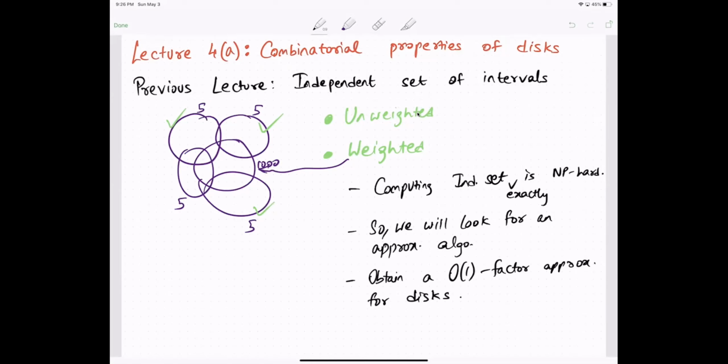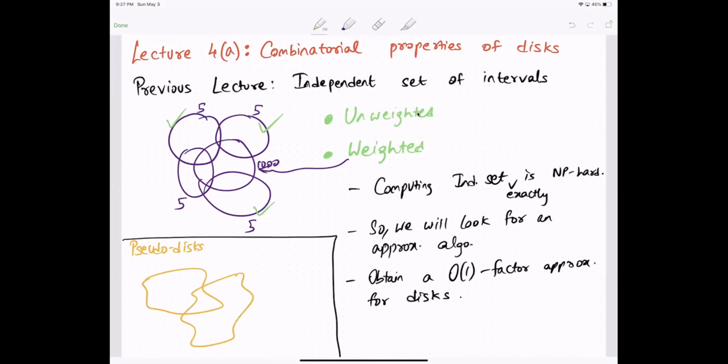One thing I should point out is that a lot of our discussion today will actually extend to what are called pseudo disks. So what are pseudo disks? Most of the discussion, not all of it, at least the major theorems and lemmas that we'll prove, will hold true for pseudo disks. The actual proofs might be slightly different or quite a bit different. But pseudo disks are basically curves which intersect at most twice. Like you have some curve, and there's some other curve, and these intersect only twice, like this.